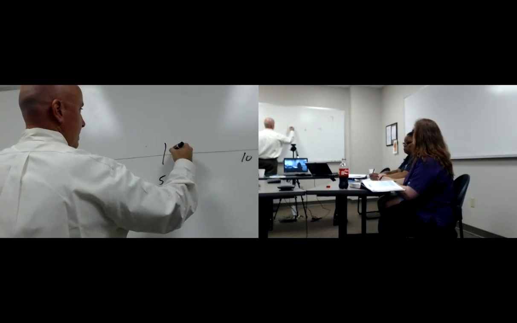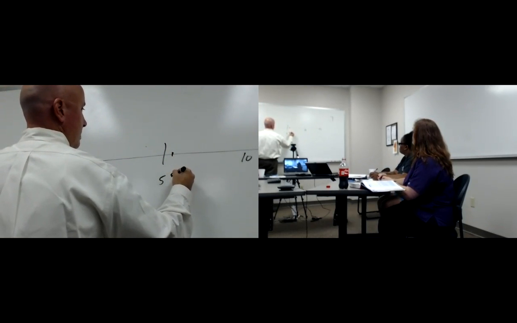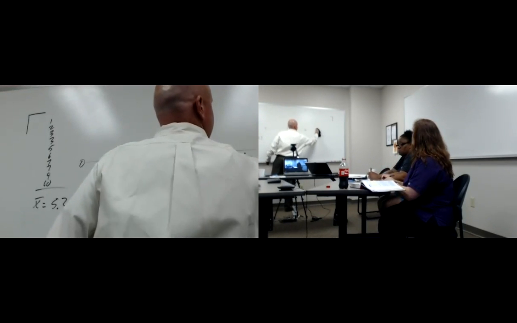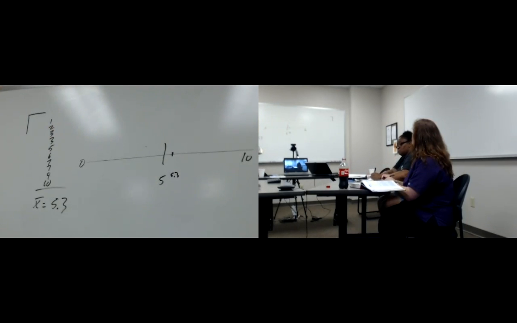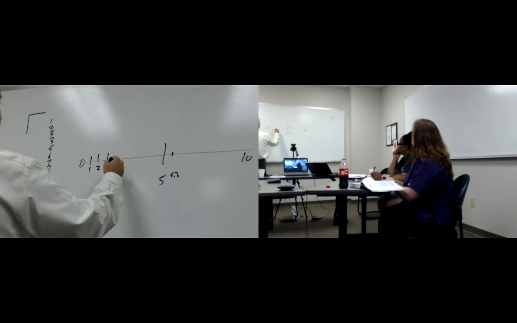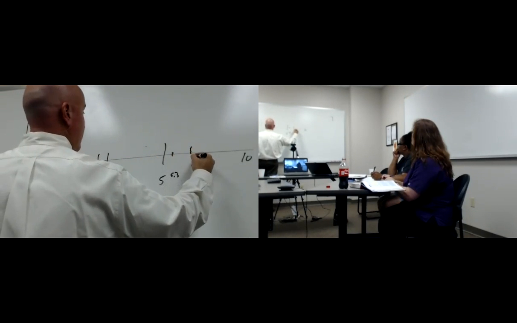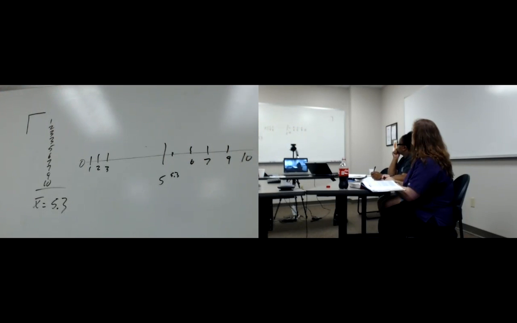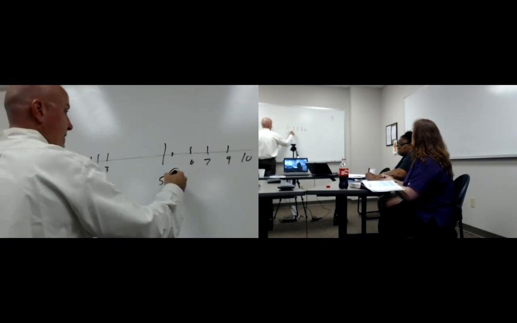I'm going to call this 5.3 right there, just a little bit off to the side of that. But I'm also going to have values of 1, 2, 3, 6, 7, and 9. So when we talk about variance and standard deviation, here is my mean.